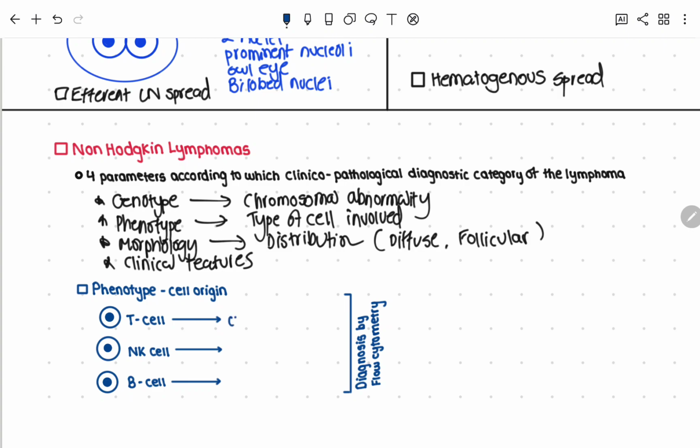T cells have CD 2, 3, 4, 7, 8. NK cells have CD 56 and 16, whereas B cells have 19, 20, 21, 22. Excuse that 0, it wasn't supposed to be there, my bad.